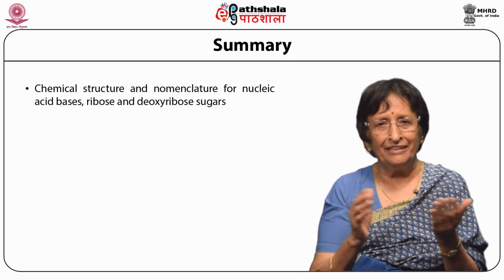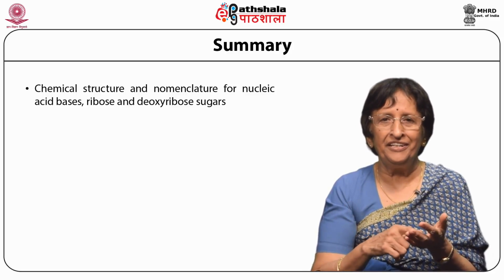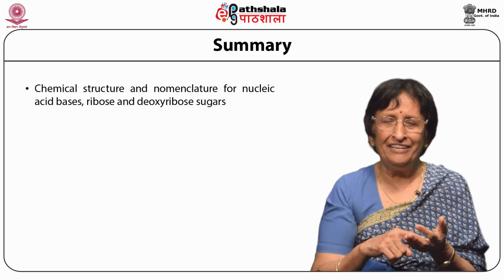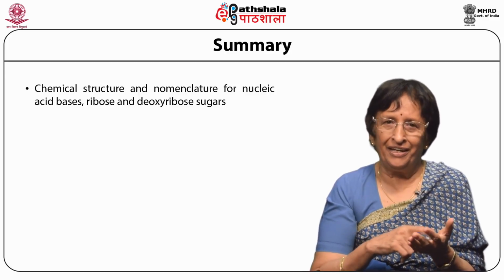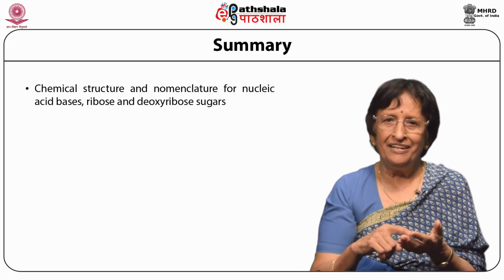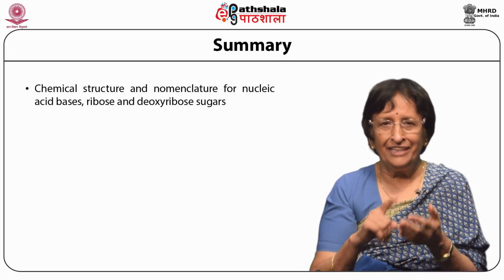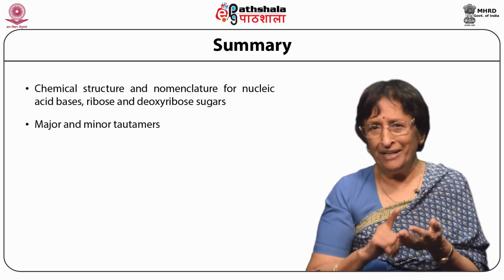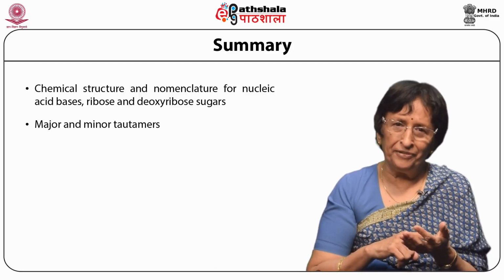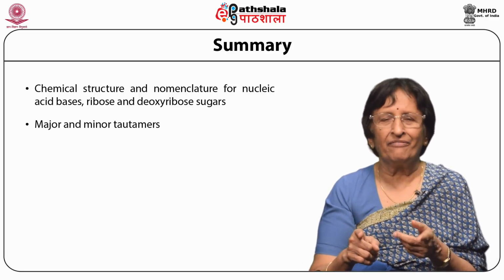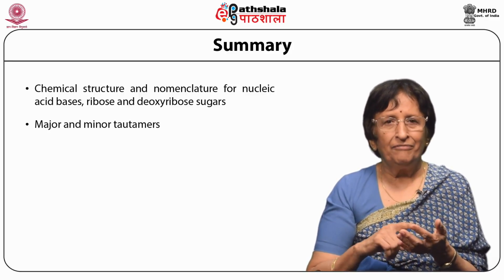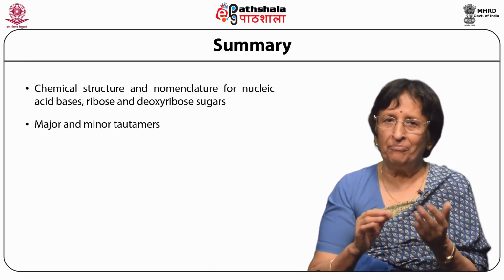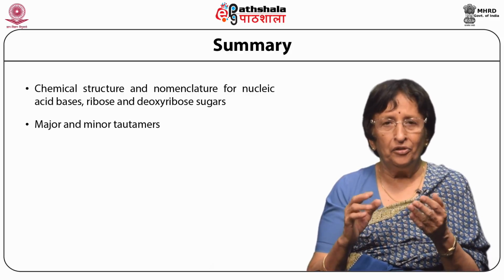We use either a three-letter code ADE, GUA, THY, CYT, or a one-letter code A, G, T, and C. Then we saw major and minor tautomers, the difference in their chemical structure, and the importance of their coexistence.